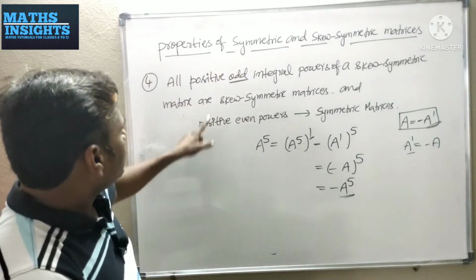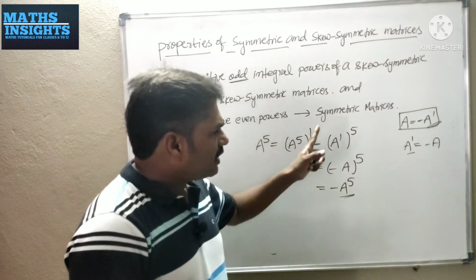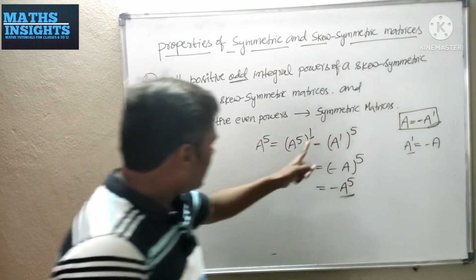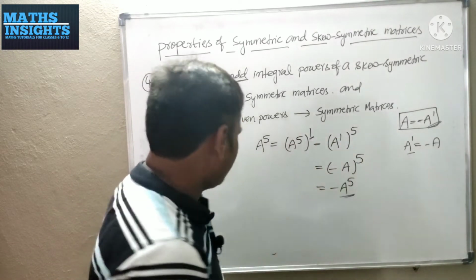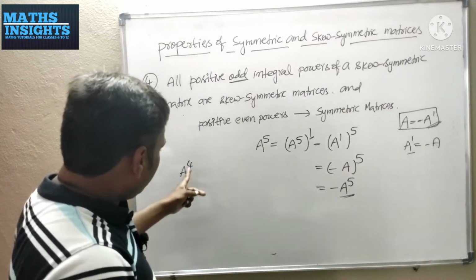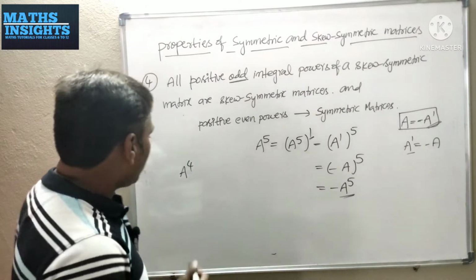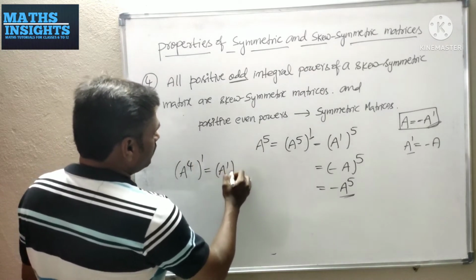Again, if it is a skew symmetric matrix and its power is even instead of odd, then that will become symmetric. Say I am taking A power 4. A power 4, which is an even power of the matrix, I am doing the transpose for it, therefore A dash whole power 4.